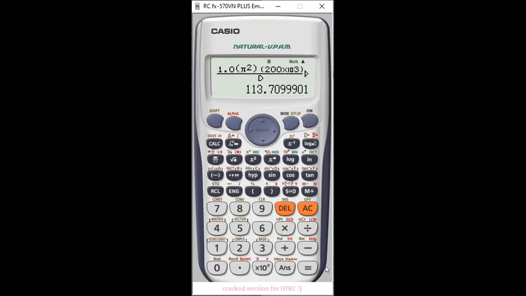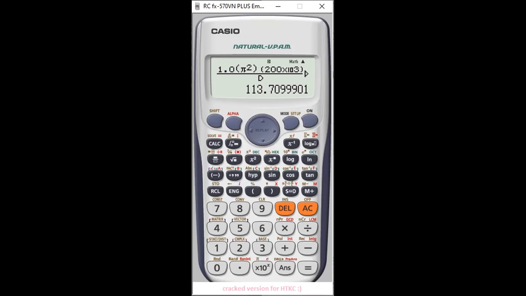So, ano yung makukuha nating value? That is 113.71. So, let me write that value. 113.71 MPa. Okay?